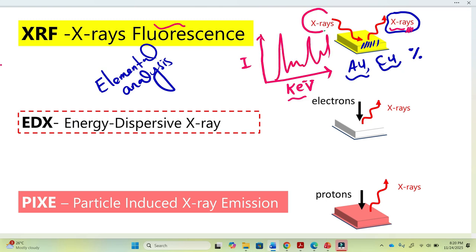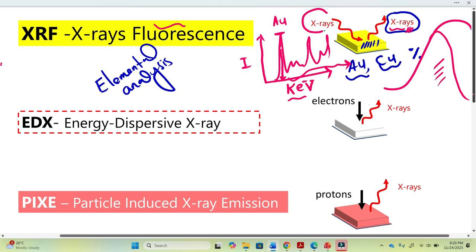The peak position on the x-axis shows which element is present, and the y-axis basically shows the contribution of that element. For example, if this peak belongs to gold, it shows the contribution of gold. The peak means the area under the curve, and this area is basically intensity. So a large area means more intensity, meaning more concentration or more contribution.